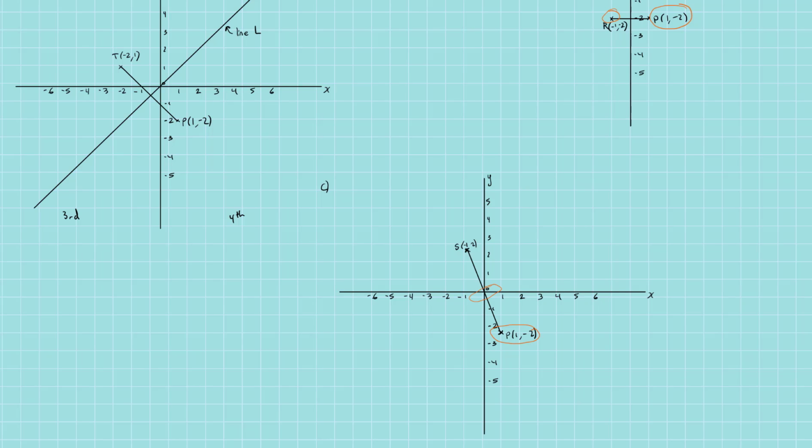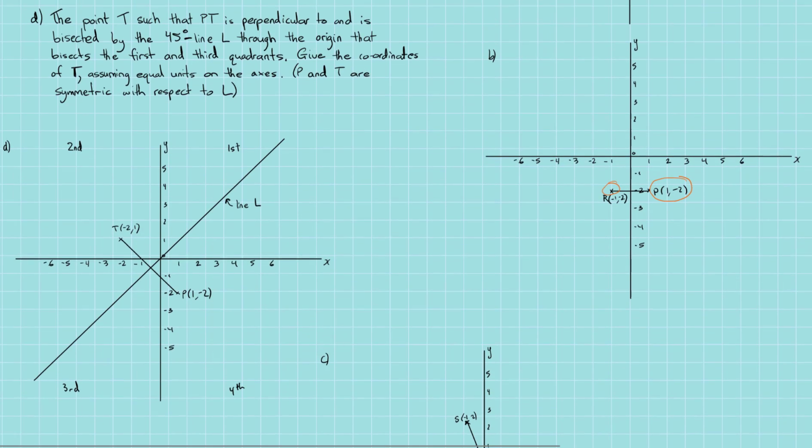And what we realize here is that when you have this sort of setup with a point being reflected in the origin, the signs on both of these coordinates change, because it goes from (1, -2) to (-1, 2).